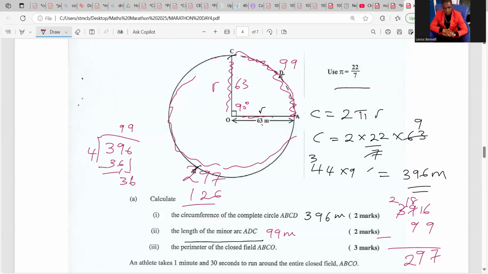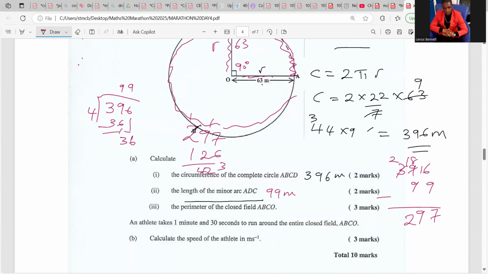Very nice question. 3 carry 1, 9, 10, 12. So that's 423 meters. 423 meters.